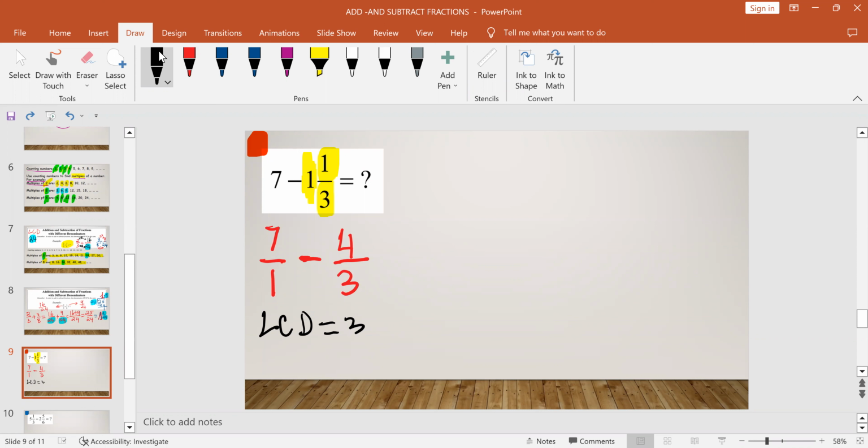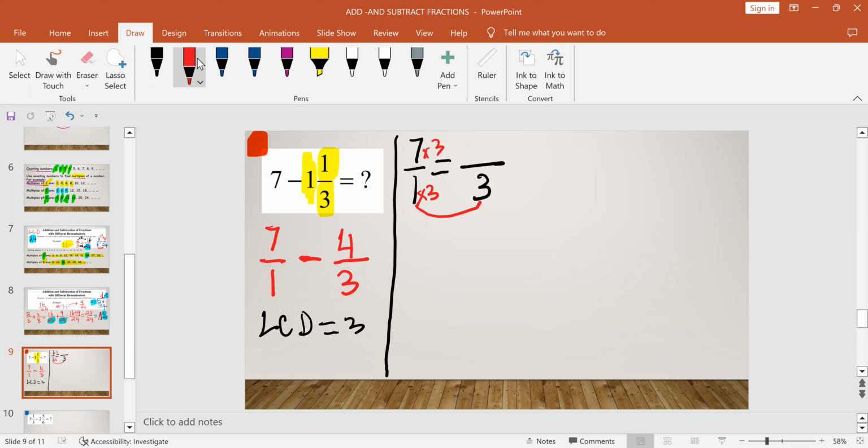Okay, because we have a 3 as the LCD, we're going to rewrite our fractions. So note that 7 over 1 can be rewritten as something over 3. We multiply 1 by 3, because to get 3 from 1, we multiply the 1 by 3. So we do the same thing on top, and 3 times 7 is 21.